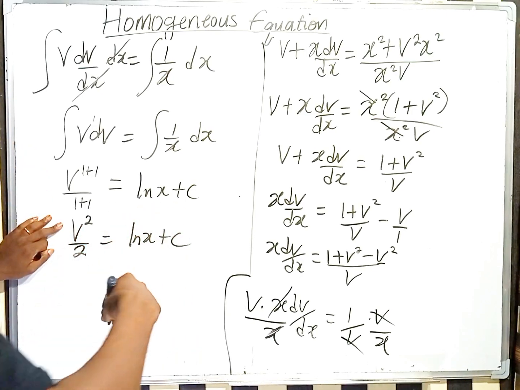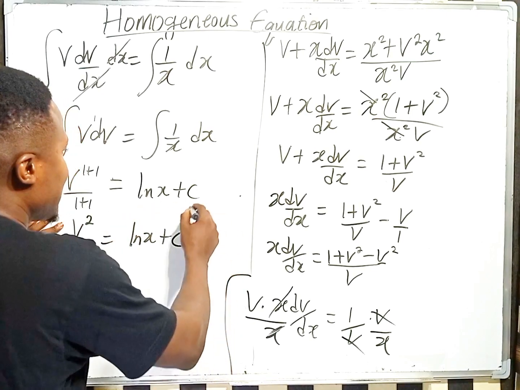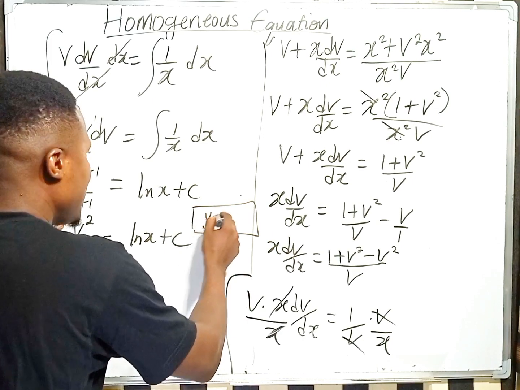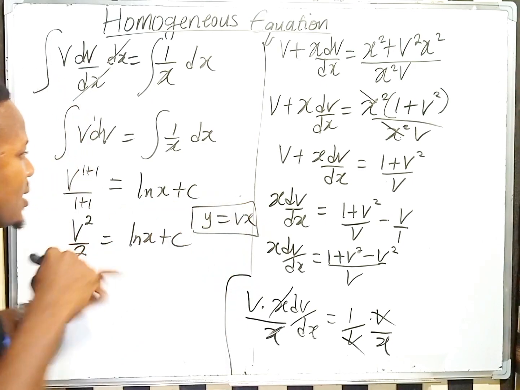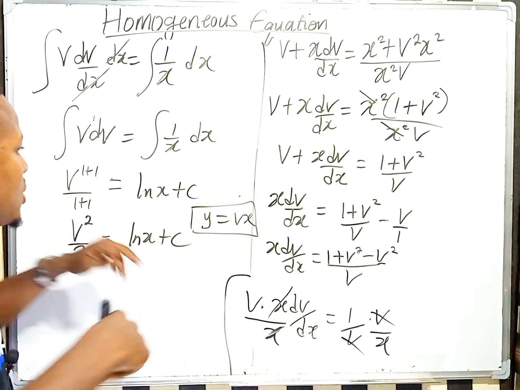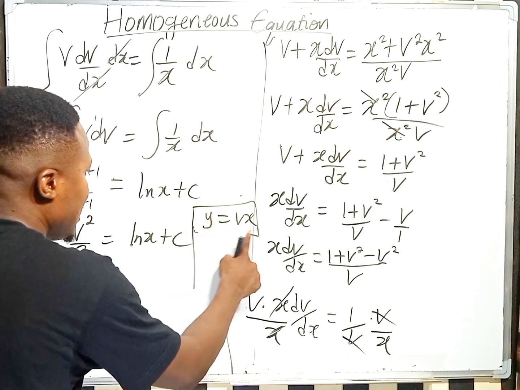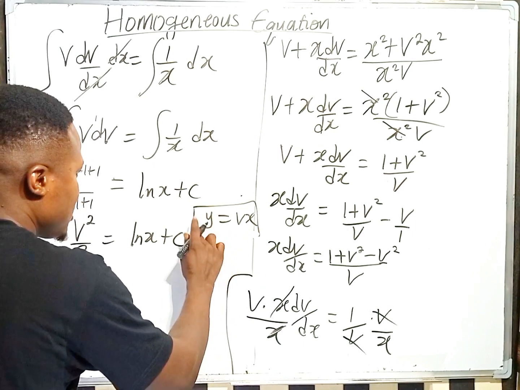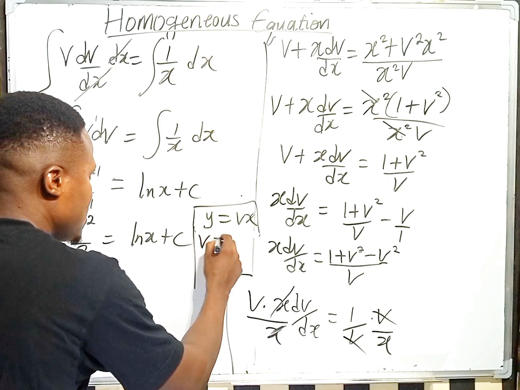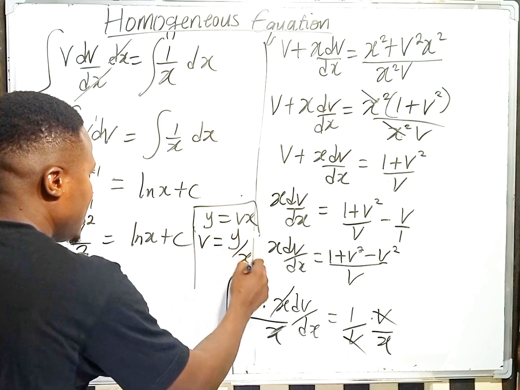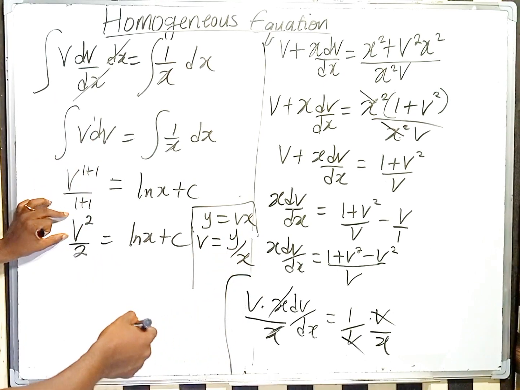Remember in the beginning, we had y equal to vx. That was the substitution we made, which means if I make v the subject of the formula, v is supposed to be y over x. So I can remove this v.